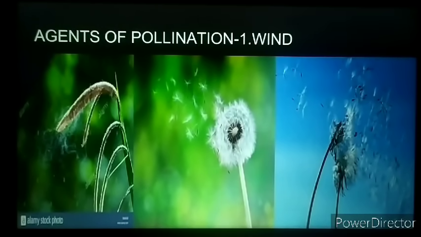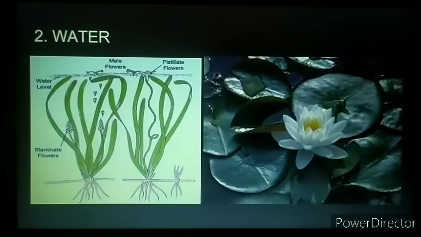So I suppose it's clear to everyone how the pollination is taking place through wind. Very good. Now, just like wind helps in transferring pollen grains for land plants, water helps in transferring the pollen in aquatic plants.